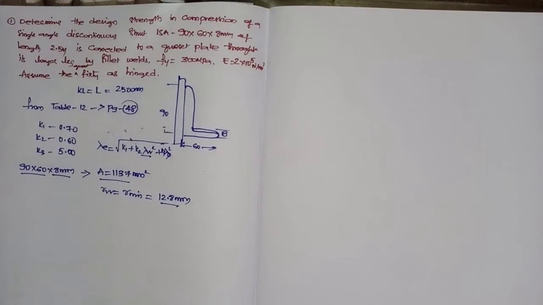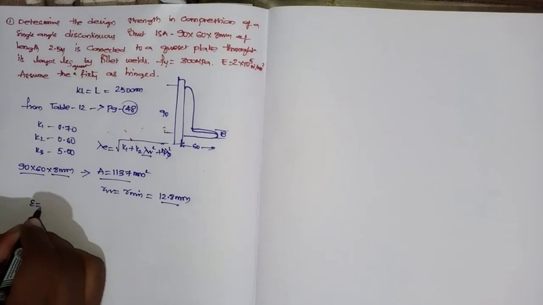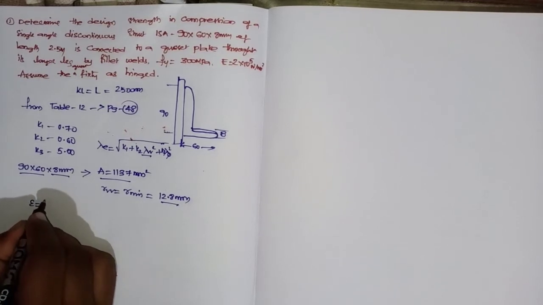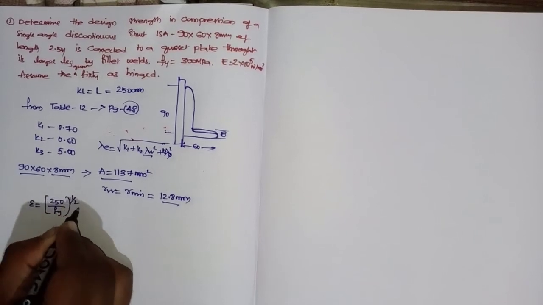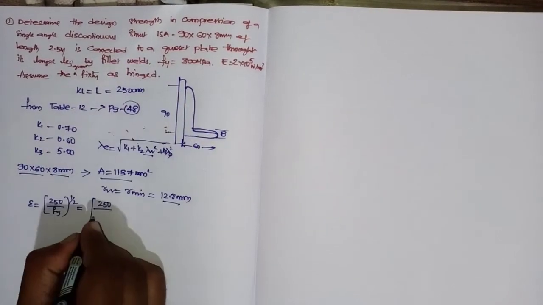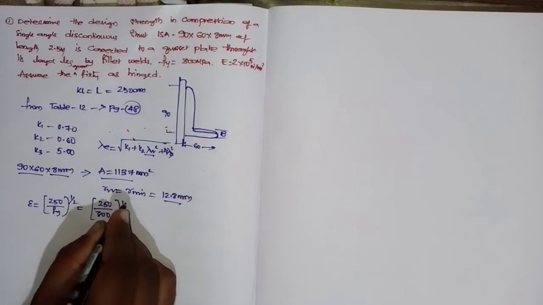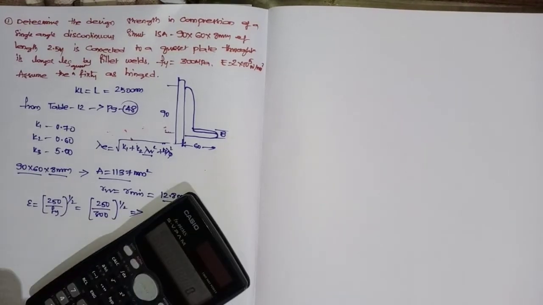Right. Now first we calculate epsilon equals 250 by Fy to the power of 1 by 2. Fy is given as 300, so 250 divided by 300 to the power of 0.5.